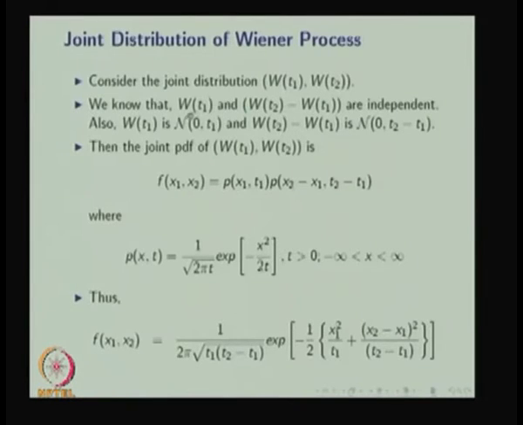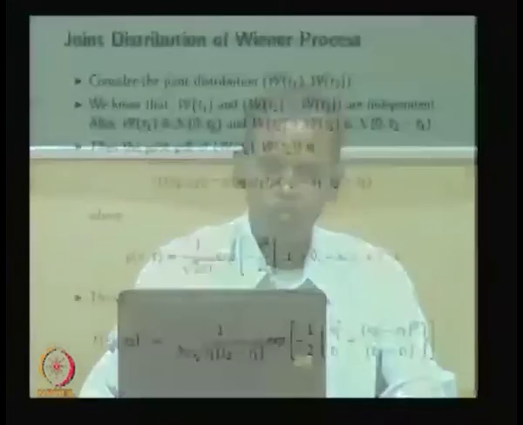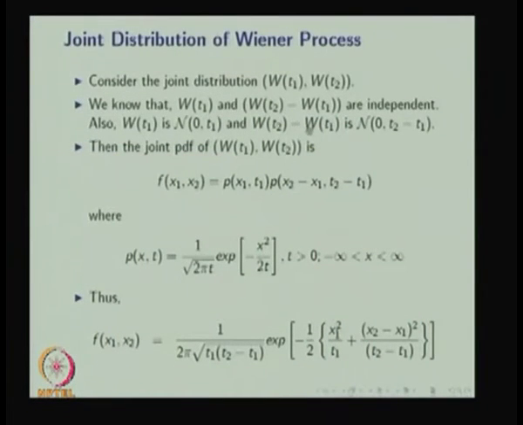We know that W of T1 and W of T2 minus W of T1 are independent. Here we take T1 less than T2. And W of T1 is normally distributed with mean 0 and variance T1. The difference is also normally distributed with mean 0 and variance T2 minus T1, and both are independent. So our interest is to find the joint distribution of W of T1 with W of T2.